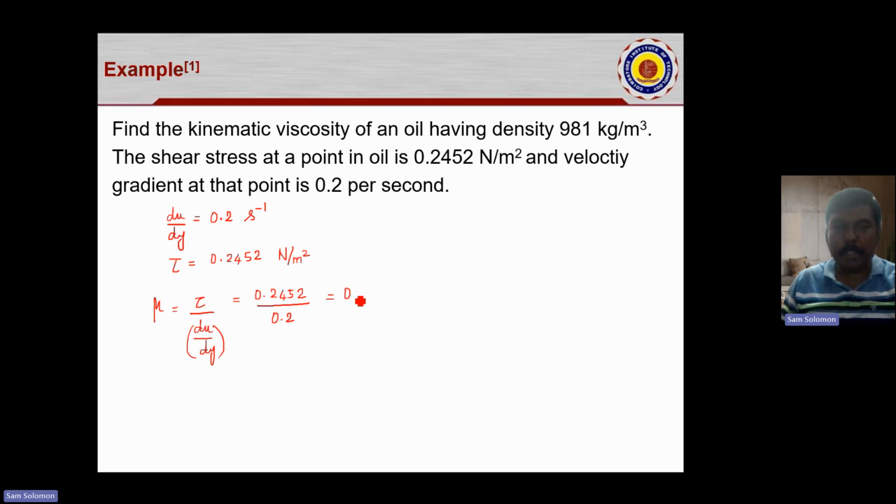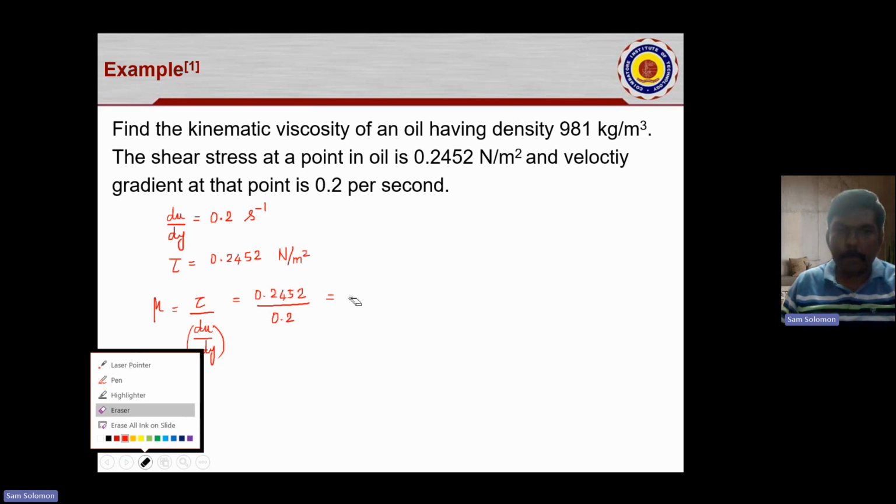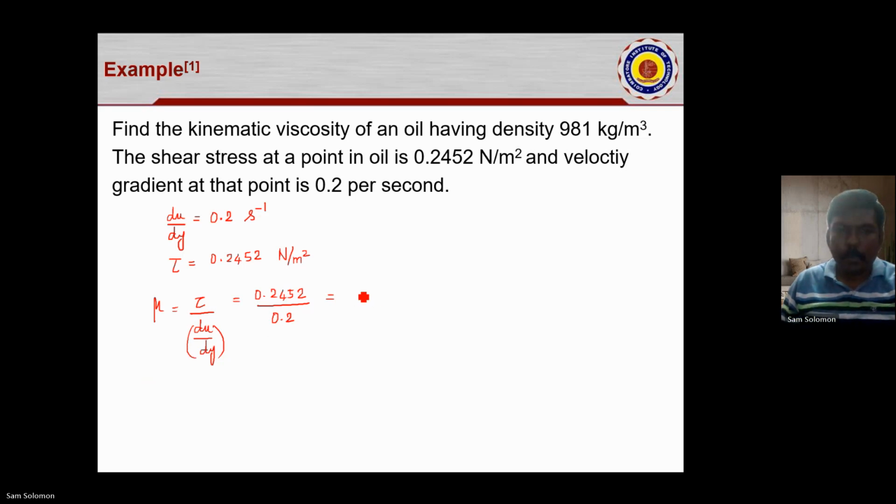Okay, so there should be something like 0.12. Oh, it's not 0.12 because we have another point in the denominator. So it's going to be 1.226 Newton second per meter squared. So kinematic viscosity is mu divided by rho. So it is 1.226 divided by 981.